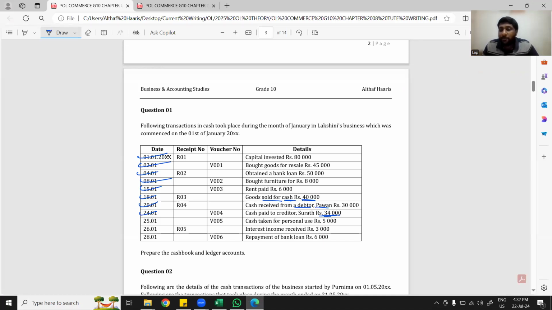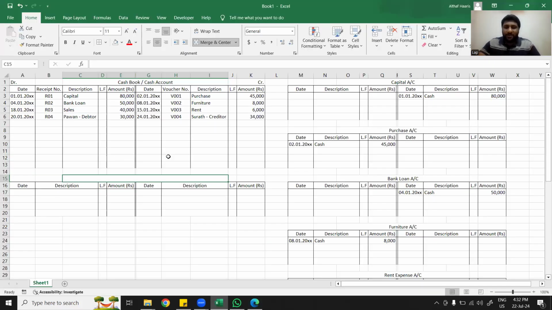Cash taken for personal use. So if the owner takes anything from the business for personal use, we will call it drawings.